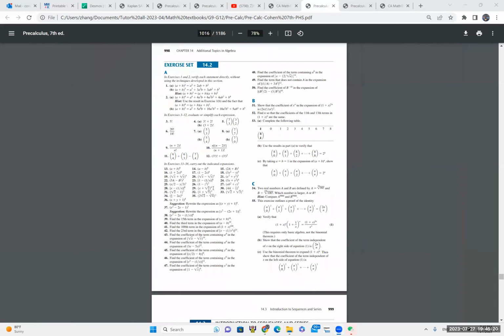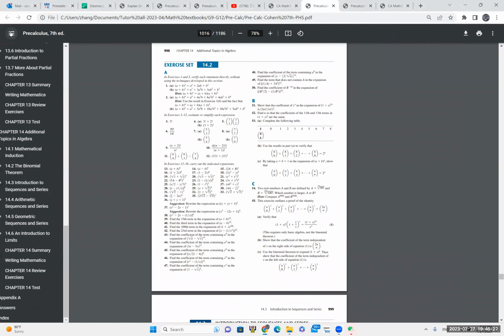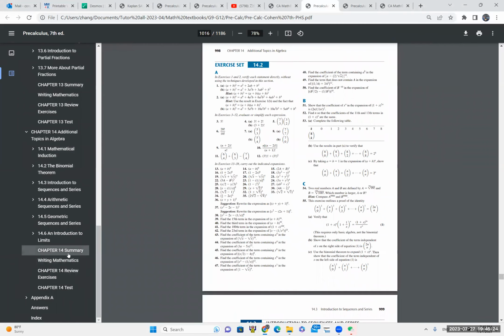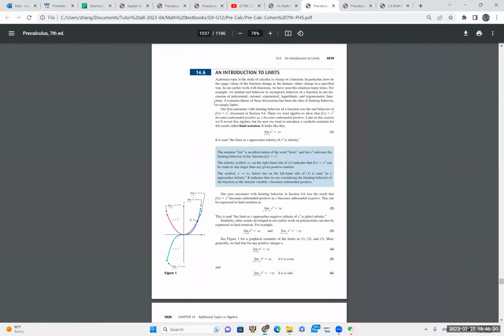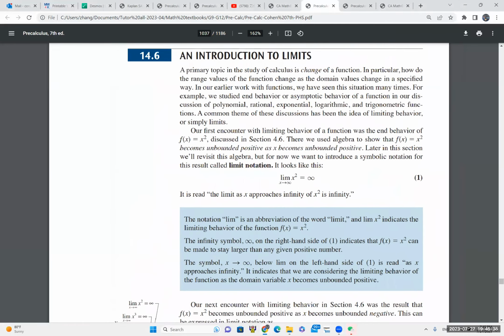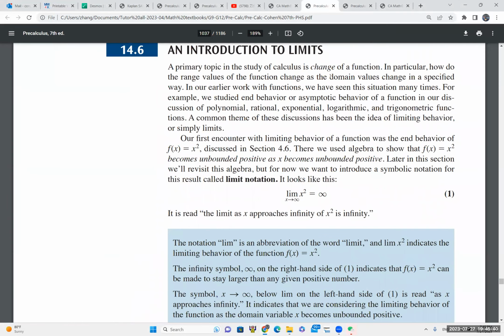Okay, finally we want to go to introduction to limits. This is one of the most important concepts in calculus.